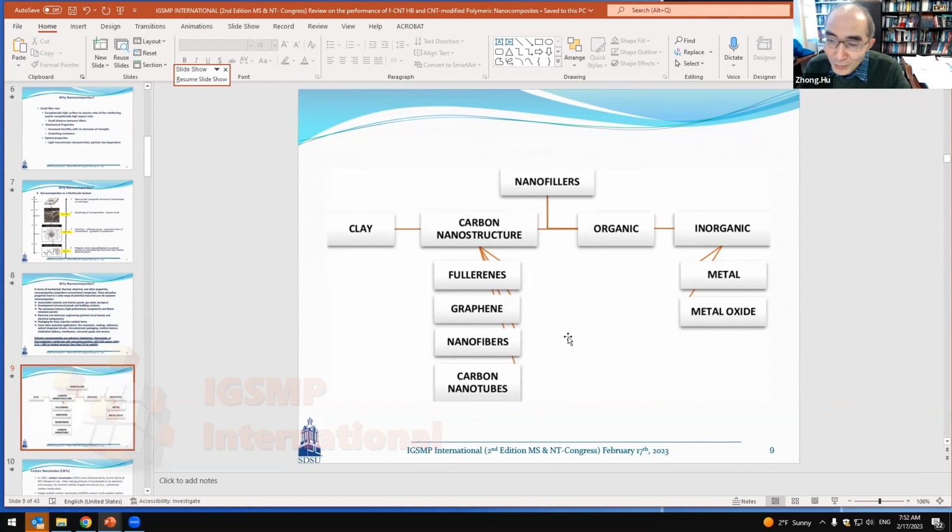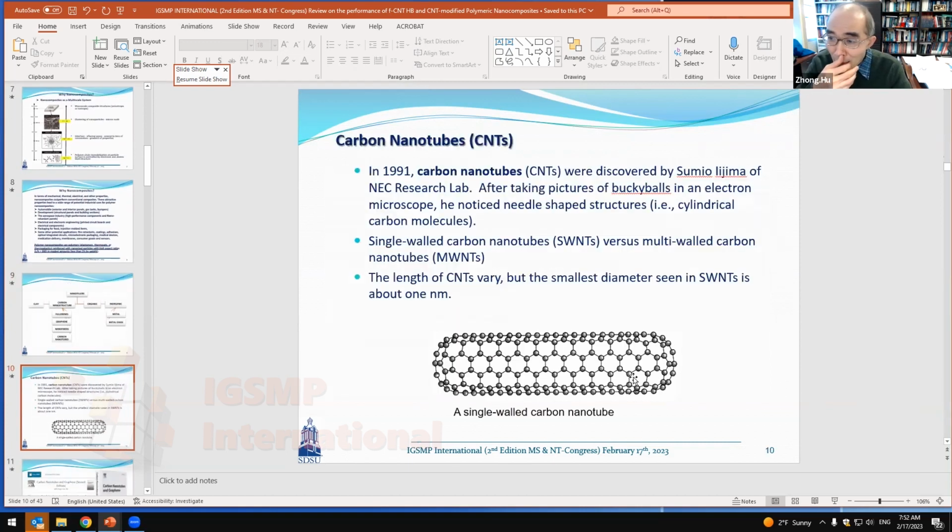But we will just focus on the carbon nanotube because this area is so big. Carbon nanotube was discovered in 1991 by a Japanese scientist, his last name is Iijima, and he worked for the NEC research lab. So this is a typical single wall carbon nanotube, everybody knows. Usually for the carbon nanotube, we have different names.